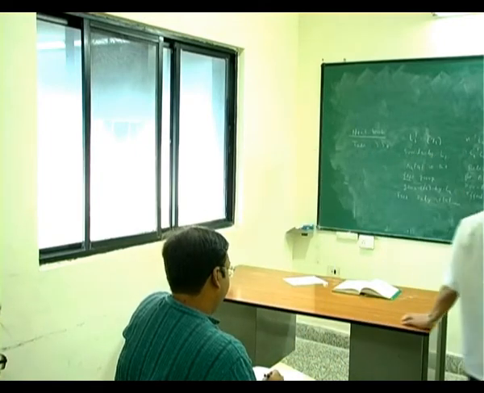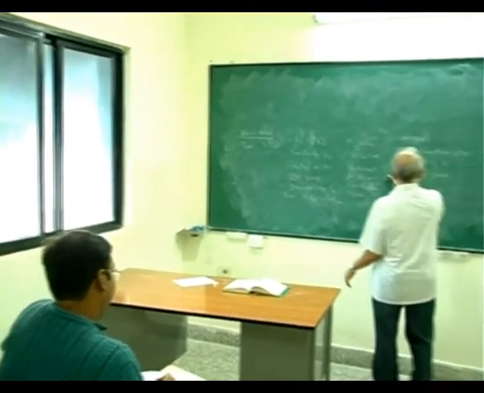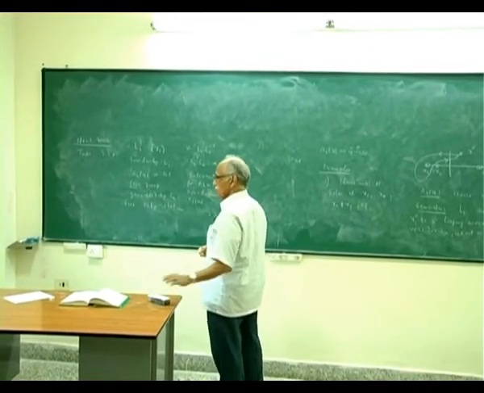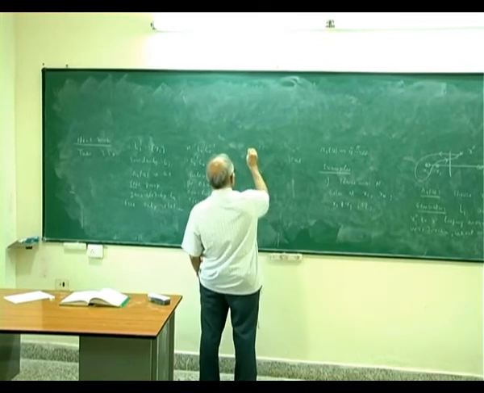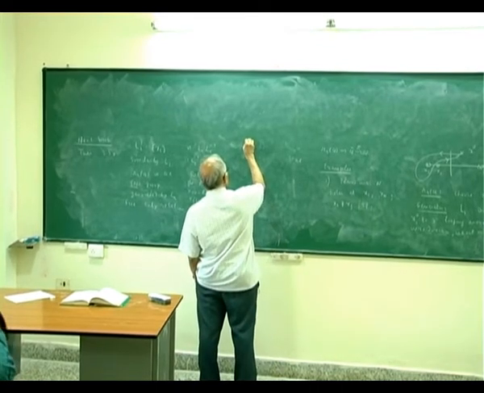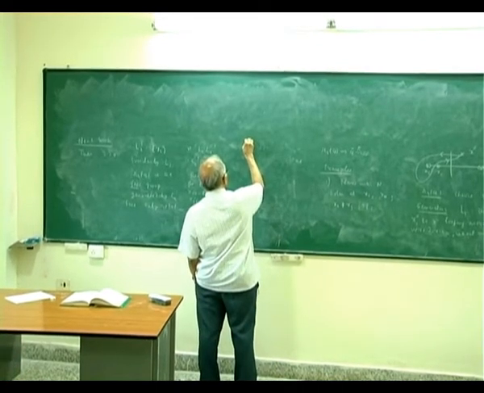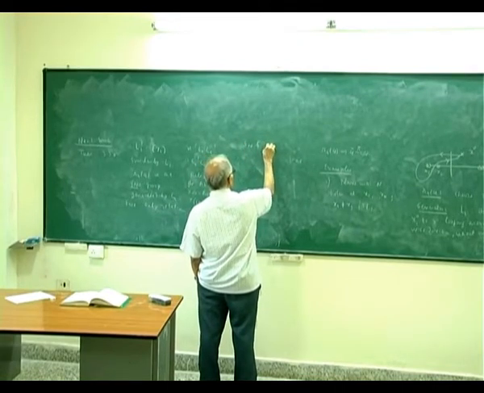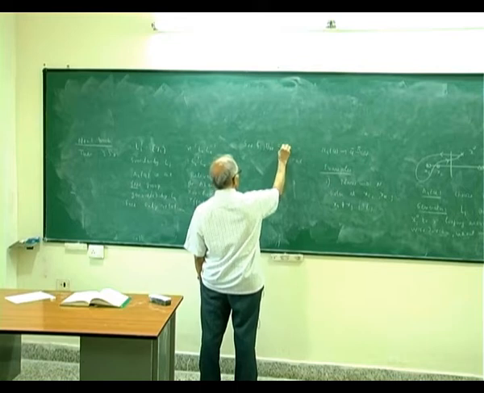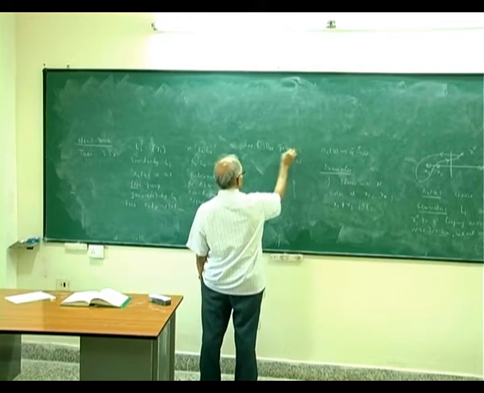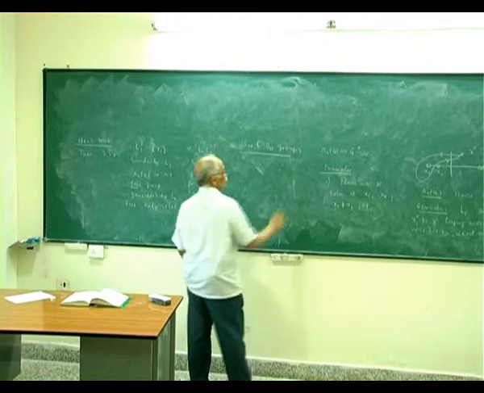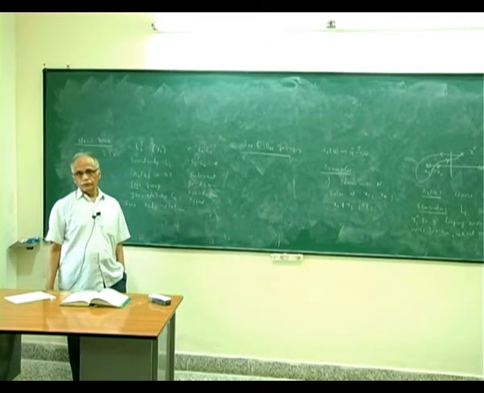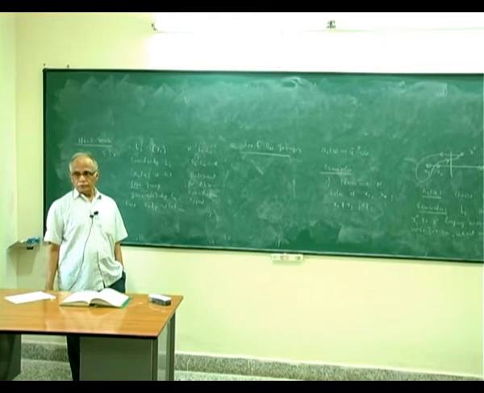Now I will tell you something which is very important for condensed matter and also conformal field theories: S_n and the braid group. S_n means the permutation group on n objects.